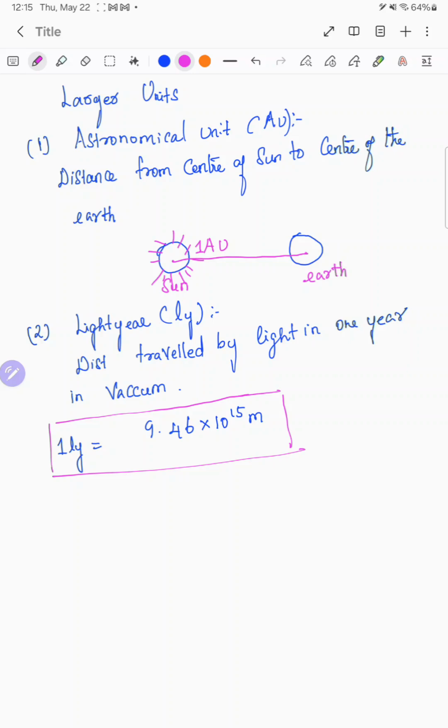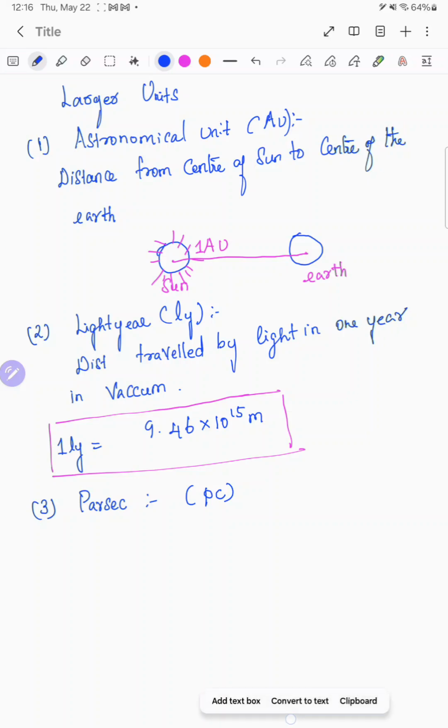Next larger unit we are going to see. We have measured these things in space. One is the distance between the center of the sun and the center of the earth, that is the astronomical unit. The second one, light year, we have seen. The third larger unit, not quite common, is the parsec, denoted by pc. What is meant by parsec?